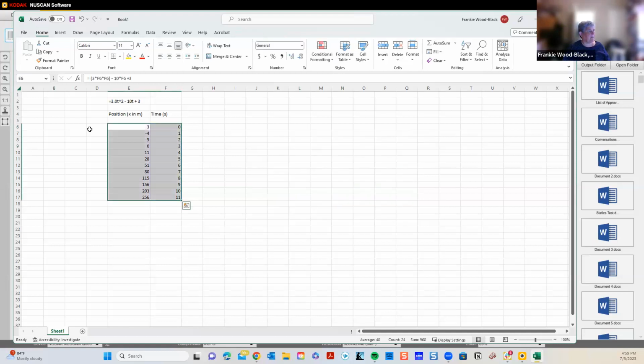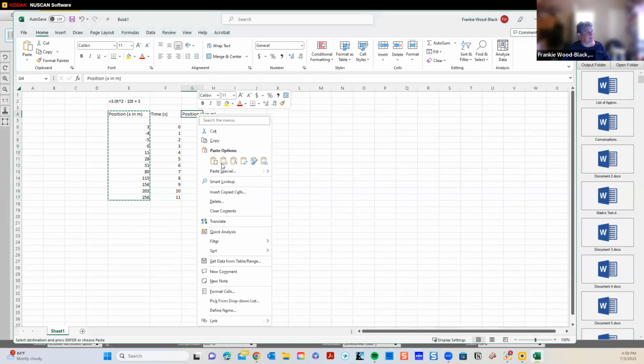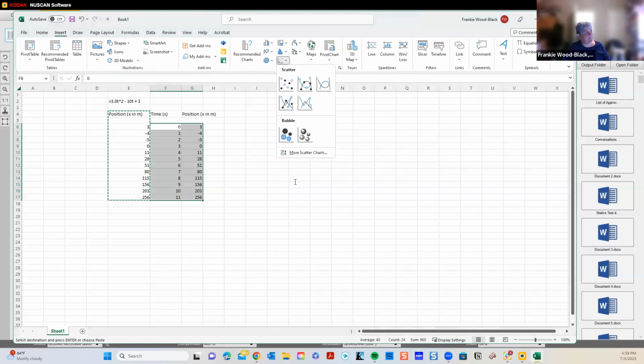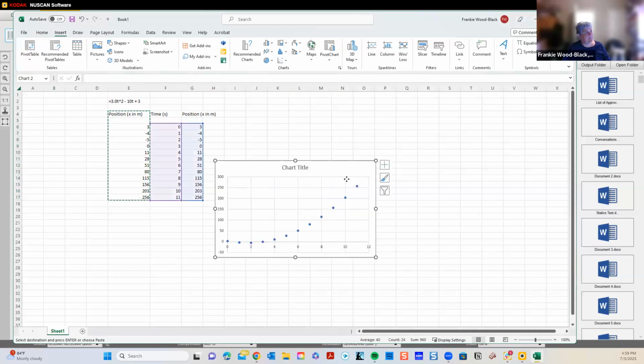I'm going to go ahead and copy this, and I'm actually going to paste special. I'm going to paste it as the numbers. So there's my numbers. Now I'm going to plot it because I want a position versus time graph, not the other way around. So now you can see my graph here.